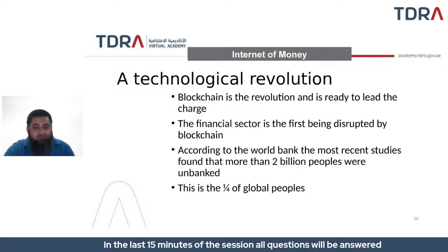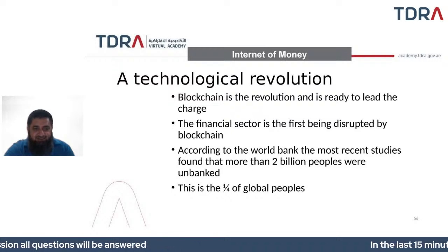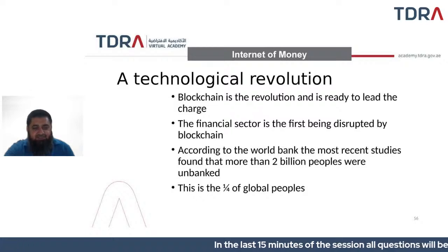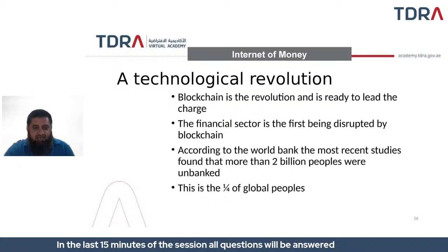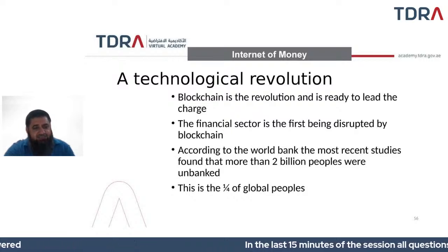This is one fourth of the global population. So where did they invest their money? That is the question. The answer is simply that they have invested in cryptocurrencies, the crypto market, and crypto assets, and they are investing in DeFi, decentralized finance.